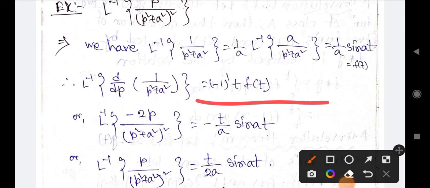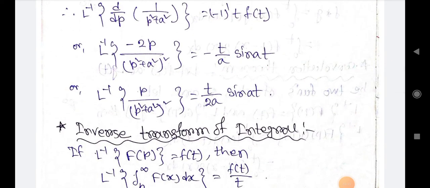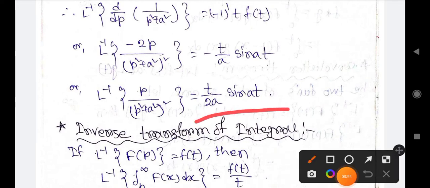Then Laplace inverse of minus 2p by (p square plus a square) whole square equals minus t by a sin at. Then Laplace inverse of p by (p square plus a square) whole square equals t by 2a sin at. This is our answer.